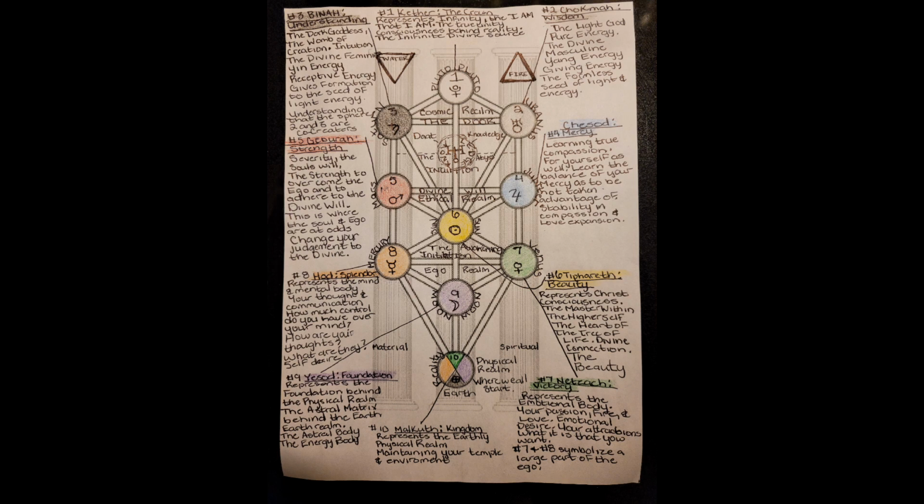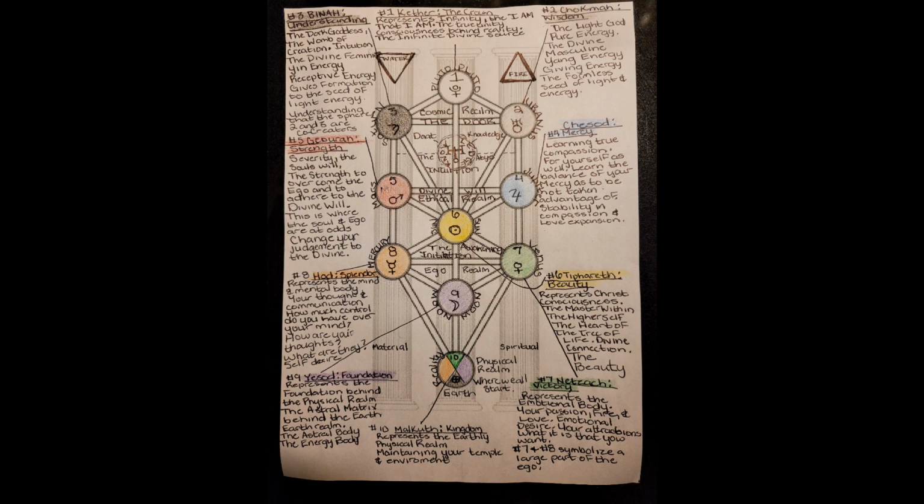It represents reality, Earth. The name of this 10th sphere is Malkuth, and it is a direct reflection of the kingdom. It represents the earthly realm, physical realm, maintaining your temple and environment.